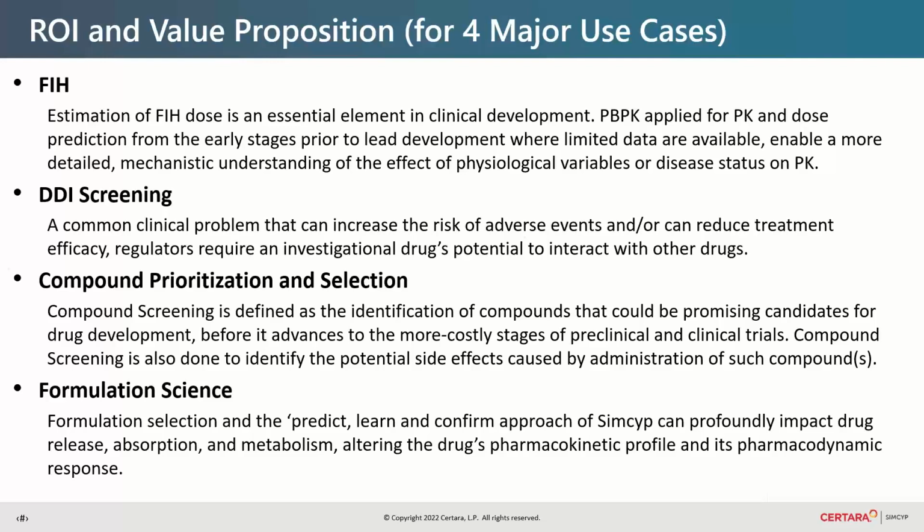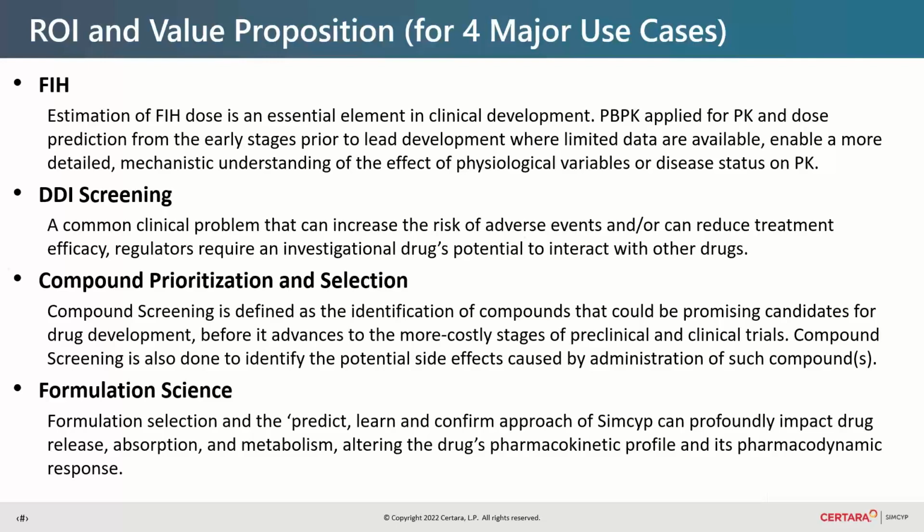We also developed this to help prioritize and select compounds, and with that in mind, there is a batch processing capability within Simcyp Discovery to facilitate processing of several different molecules with regard to projecting either first in human or some of the DDI as well.